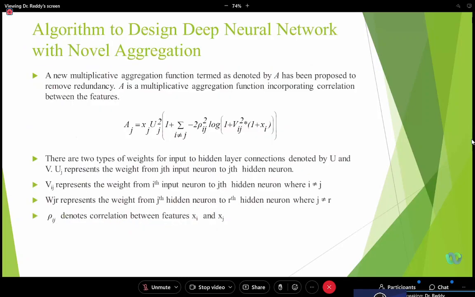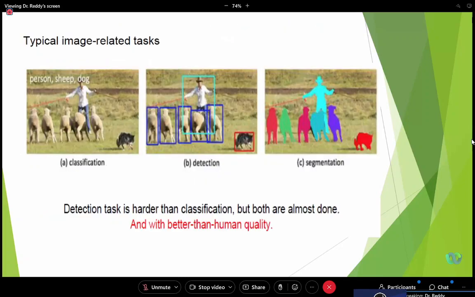Before going there, similar to proposing a deep aggregation, we can propose new activation functions. Similarly, we can propose new aggregation, and we can use feature extraction. You can propose some improved autoencoder concepts in the deep learning architectures. Similarly, you can find a lot of variants of existing deep learning architectures, like convolution neural networks.